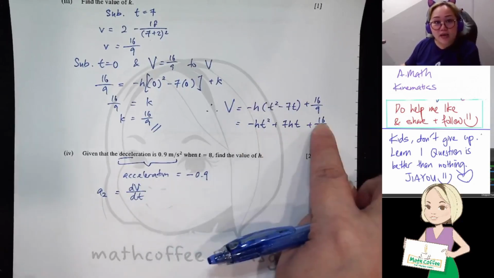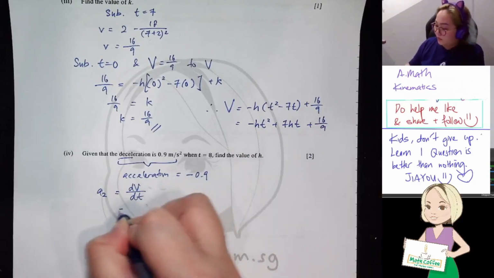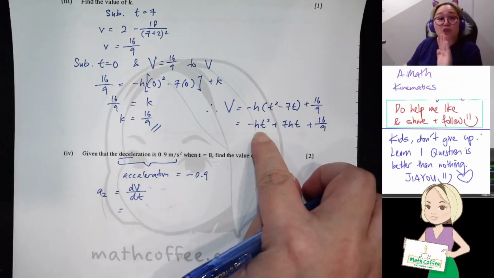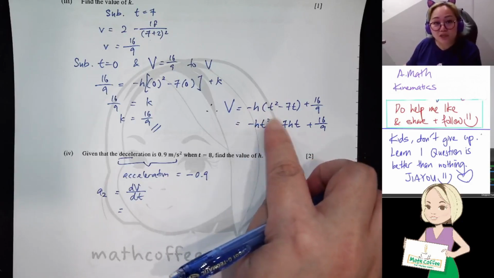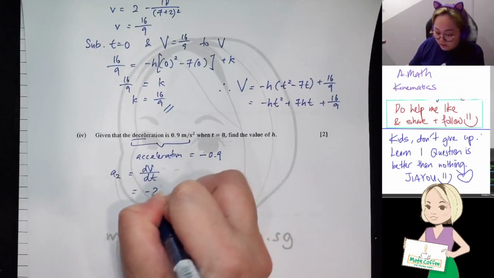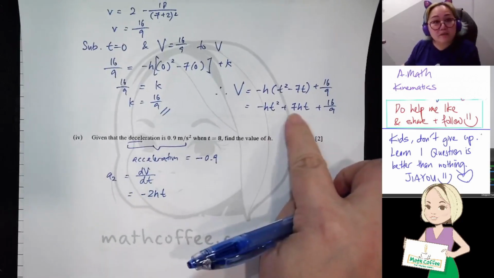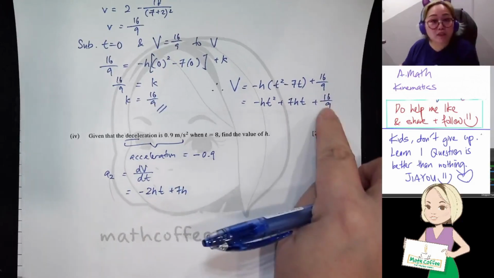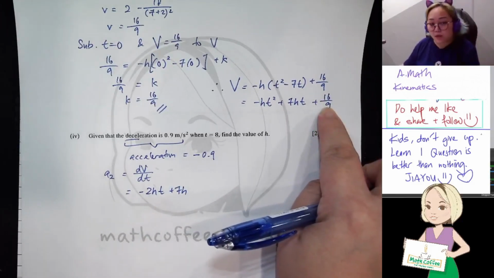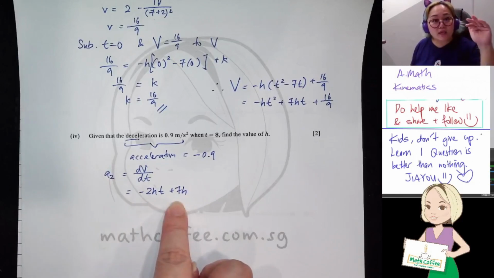So now I can differentiate this easily. Differentiate this, my h is constant. So bring down the 2, so it's minus 2ht. Differentiate this is 7h. This is a constant. When you differentiate, it disappears. So this is my new acceleration expression.